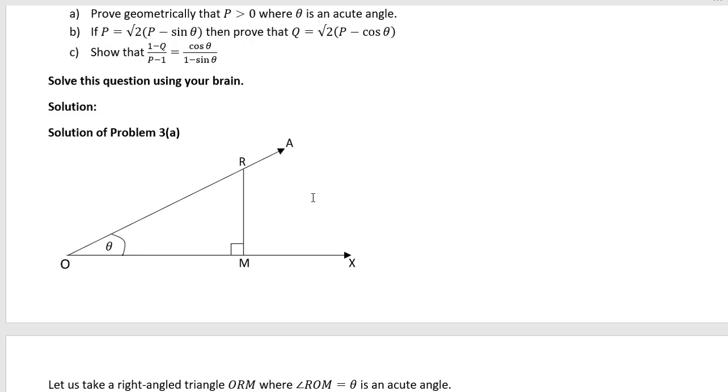In a triangle, there is a property that the sum of two sides is greater than the third side. So I will start from there: the sum of two sides, that is OM plus RM, is greater than OR.